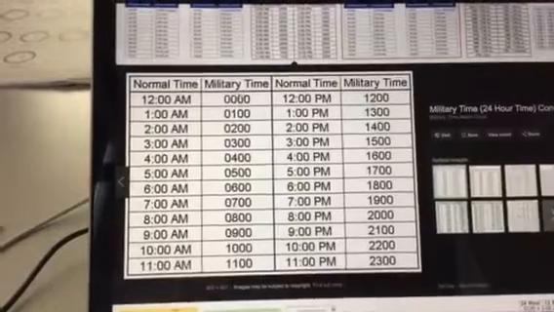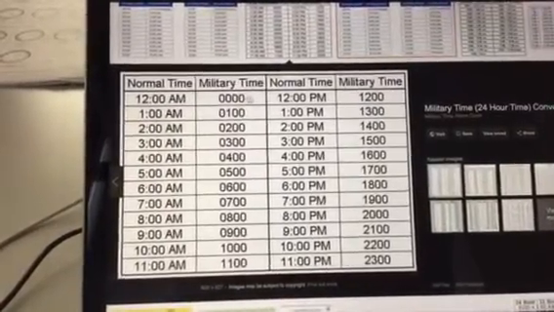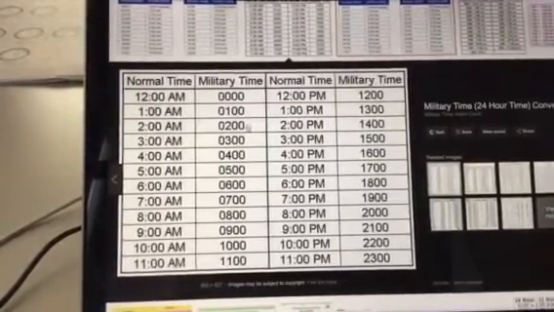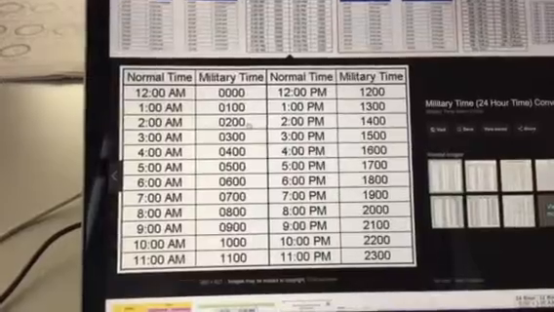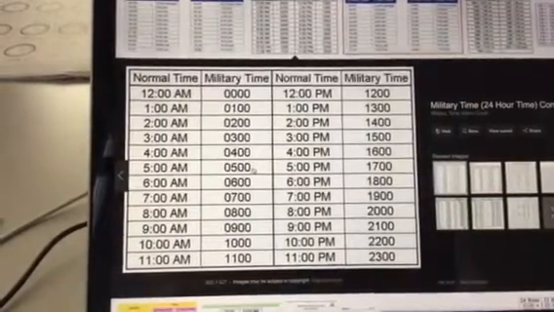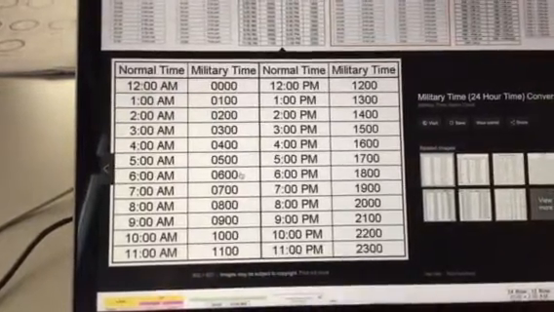So 24-hour time and 12-hour time actually follows each other. So 2 AM is 2 o'clock, 3 AM is 3 o'clock, 4 AM is 4 o'clock, 5 AM is 5 o'clock. That's because we're talking about the first 12 hours of the day.